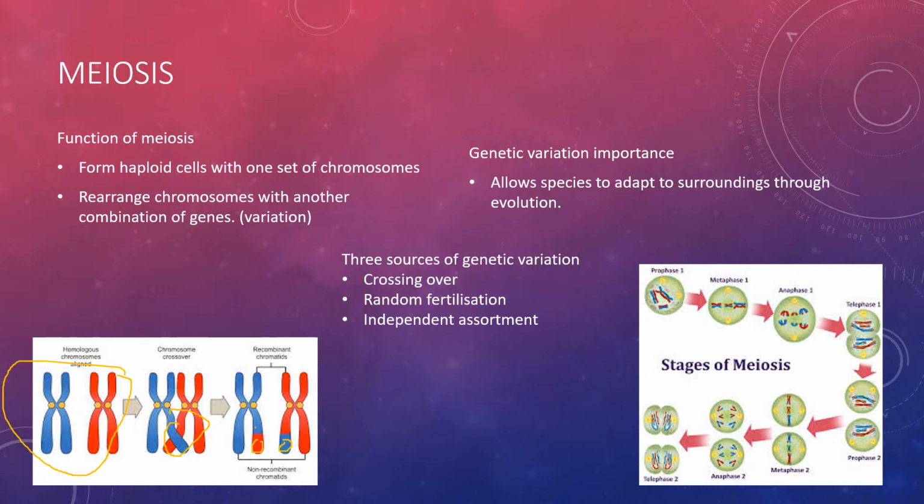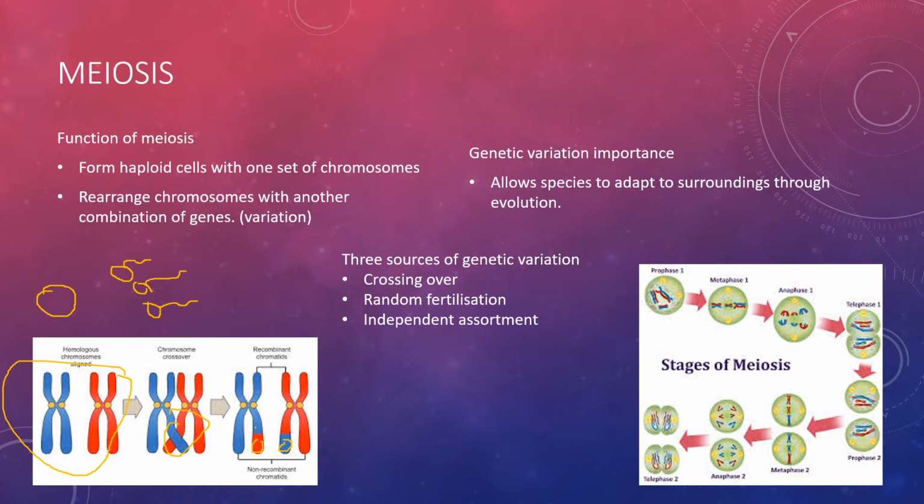Random fertilization. You have so many sperm cells. I'm going to draw three because I'm not going to take up time drawing sperm cells. And you only have one egg.